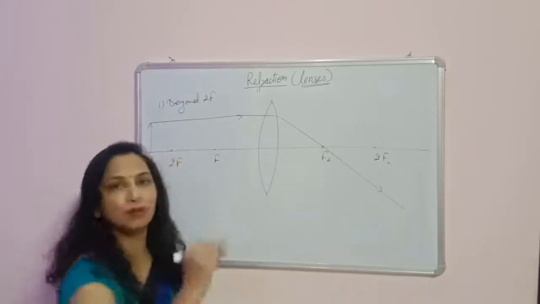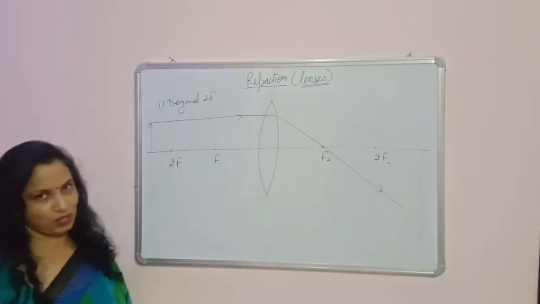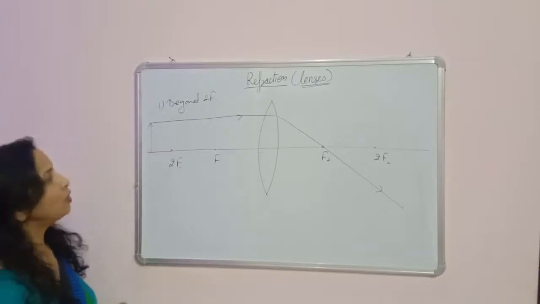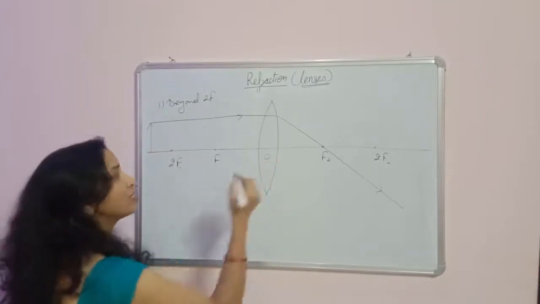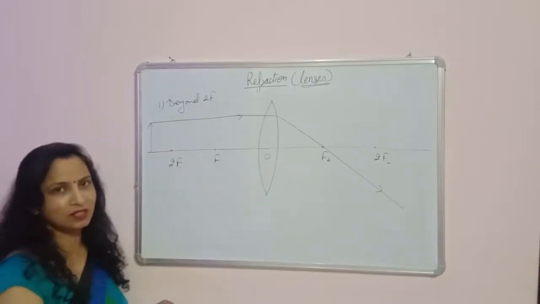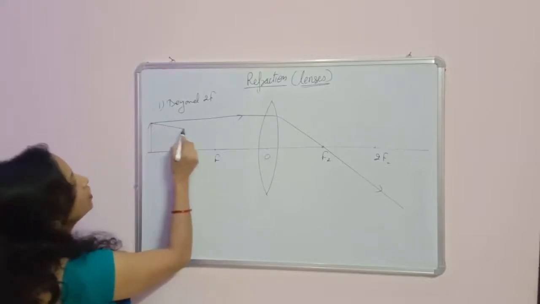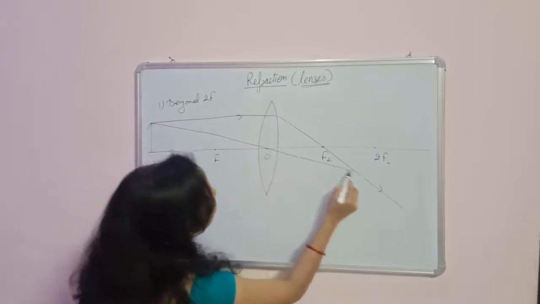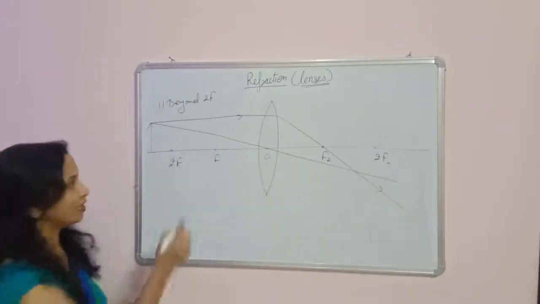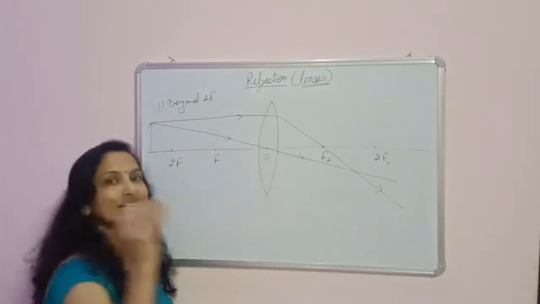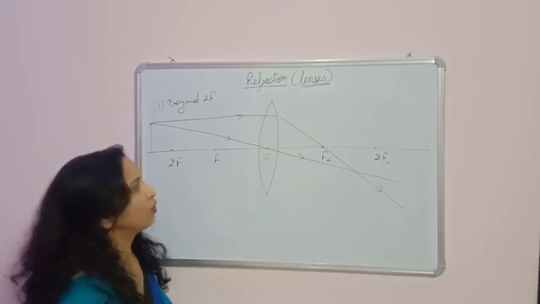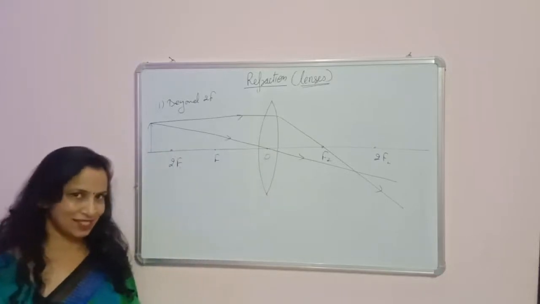Now the second one is, the ray which is coming towards the optical center passes straight without any deviation. So you will draw it like this. Always make arrows on your rays, because they represent the direction of the rays.